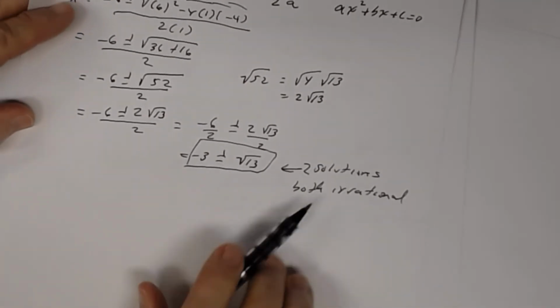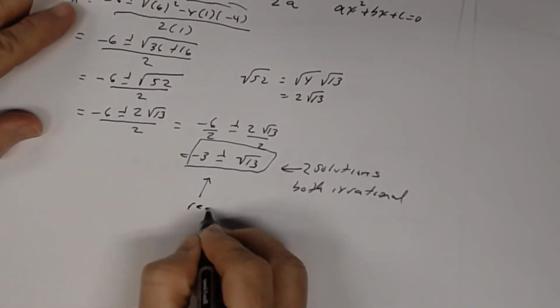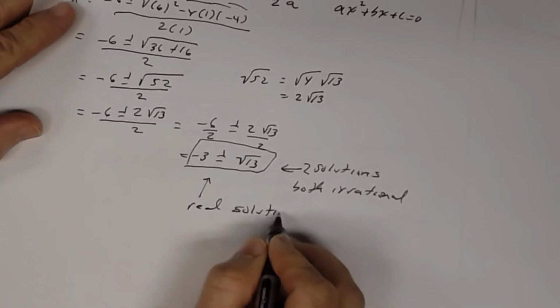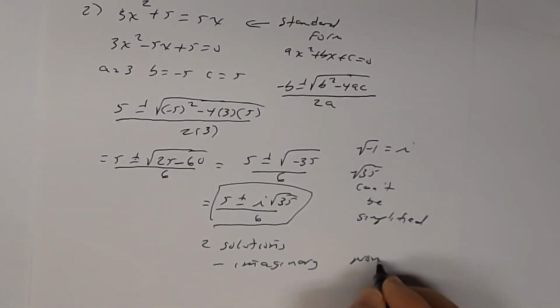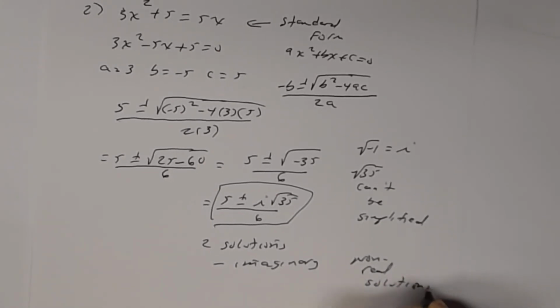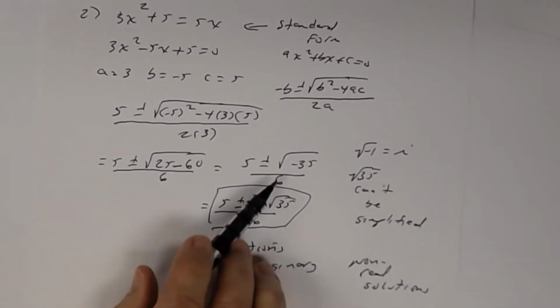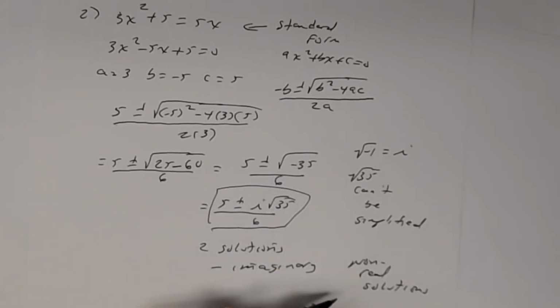The previous ones are real solutions; they are irrational. These are non-real solutions. Whenever you have that imaginary unit, whenever you're taking the square root of a negative number, that's a non-real number. All right, so that's number 2.